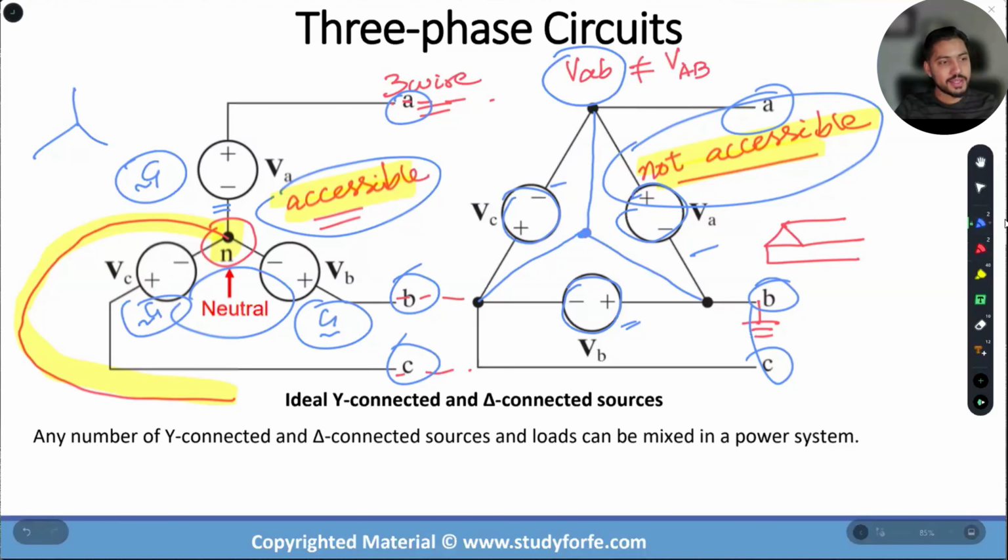This is the line-to-line voltage between phase A and phase B on the source side. This is again a line-to-line voltage, again between phase A and phase B, but on the load side.